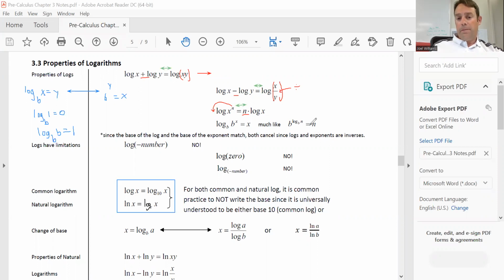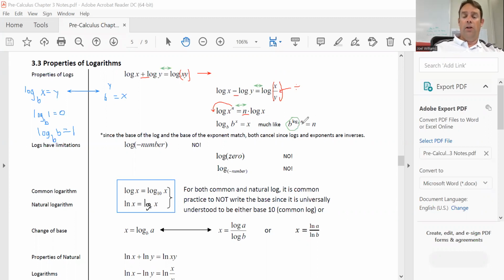And this idea right here alludes to the idea that logs and exponents are inverses of each other. We talked about this back at the beginning of the school year, when we talked about inverse functions. Since they're inverses, they undo each other.